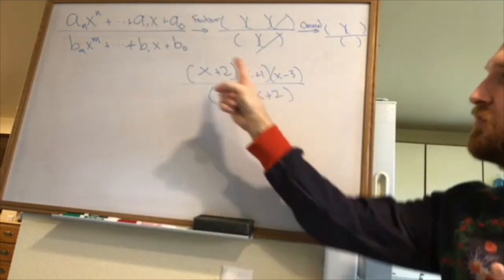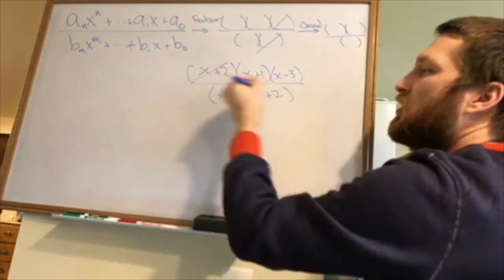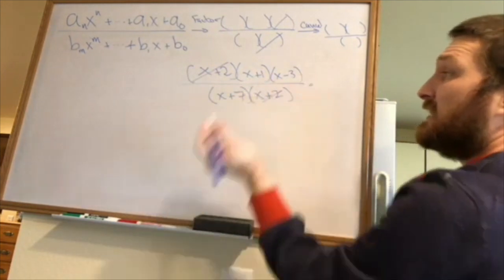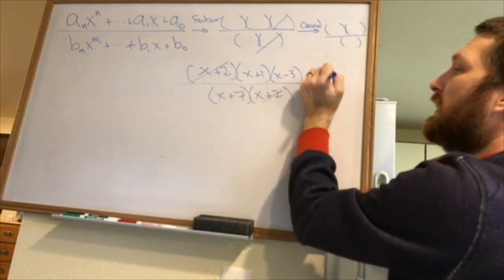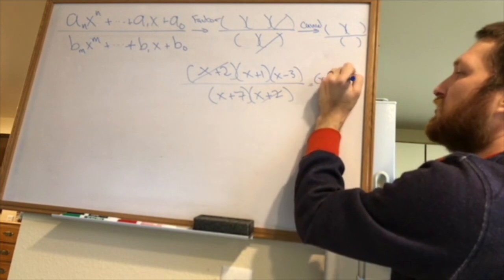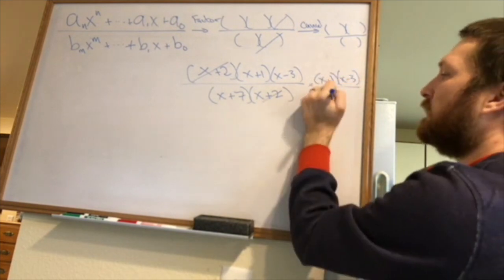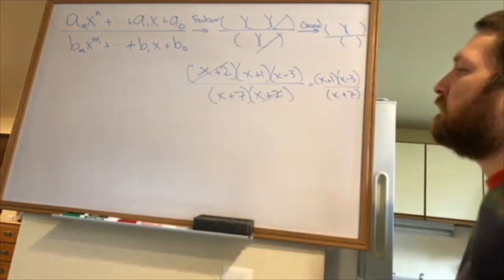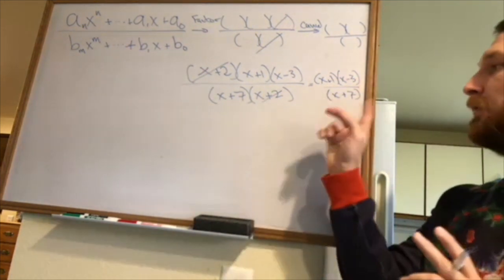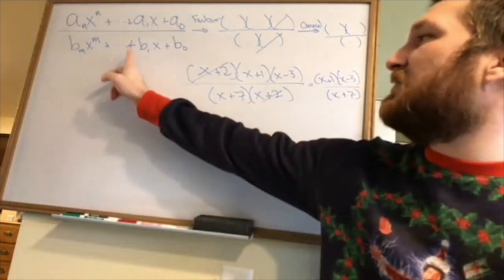The x plus 2 cancels with the x plus 2. So I could rewrite this as a simpler polynomial, which would be x plus 1 times x minus 3 all over x plus 7. And now I have something simpler to deal with than the beast that I started off with.